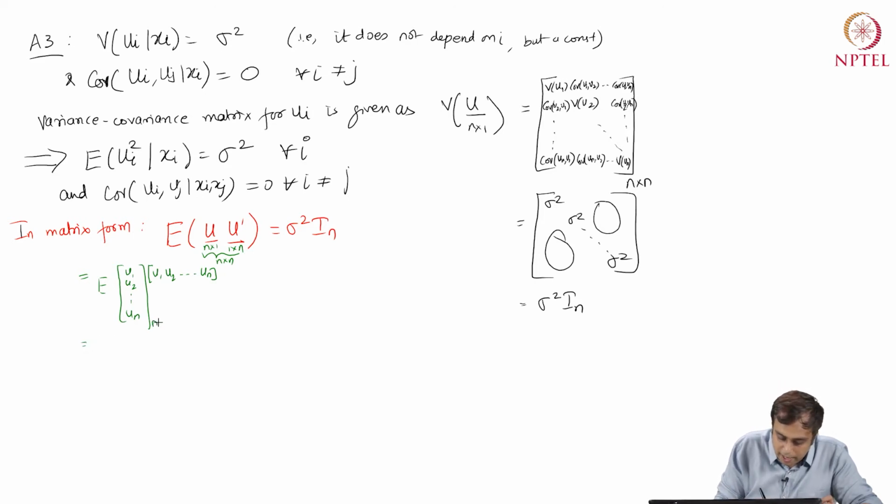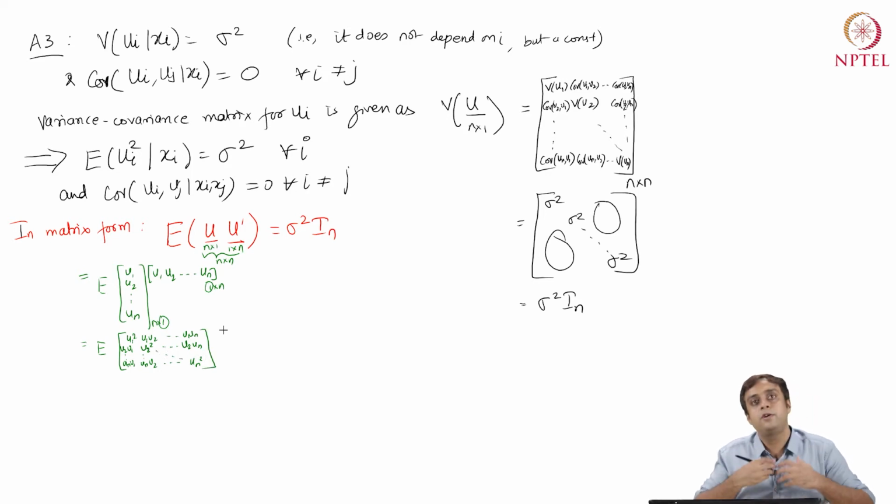When we multiply n by 1 and 1 by n, they are conformable. If we multiply, we get u1 squared, u1 u2 all the way to u1 un, then u2 u1, u2 squared all the way to u2 un, then you have un u1, keep going, un u2 all the way to un squared. So all the diagonal elements are squared values.